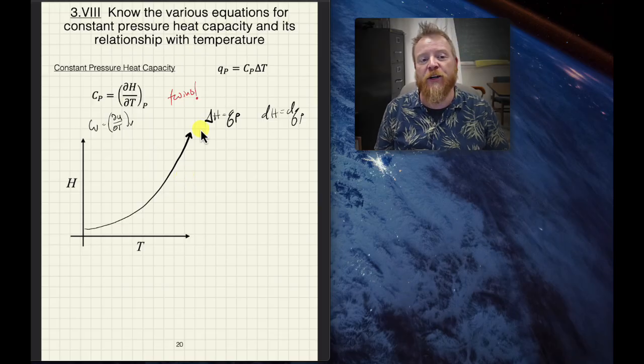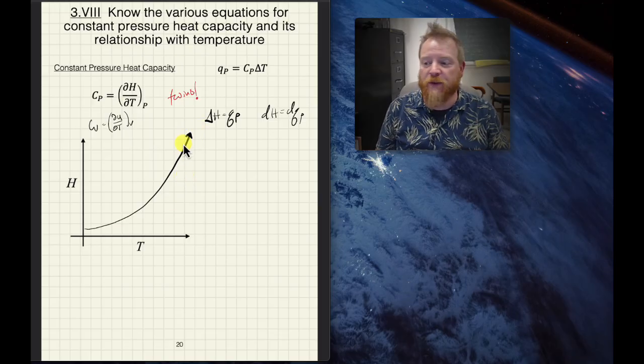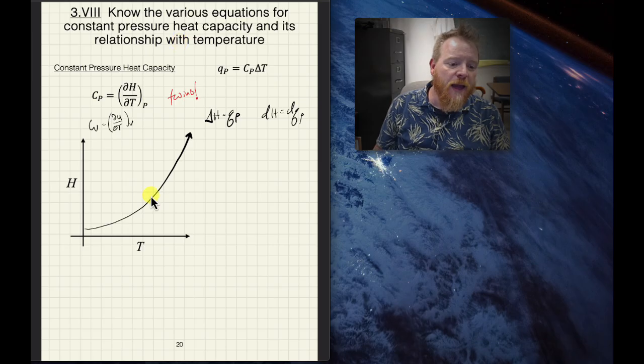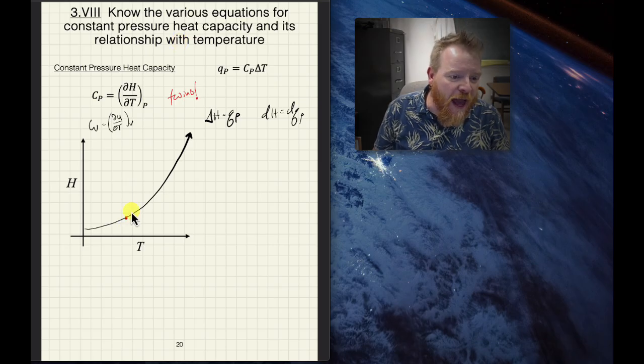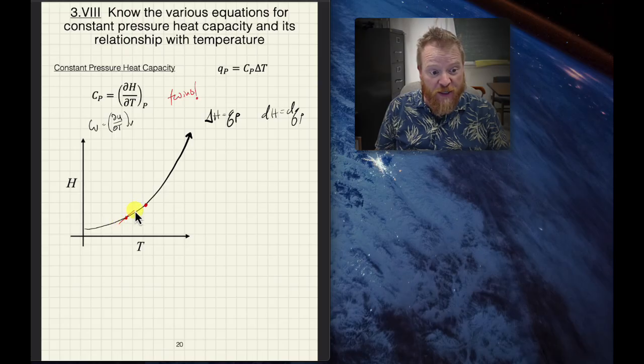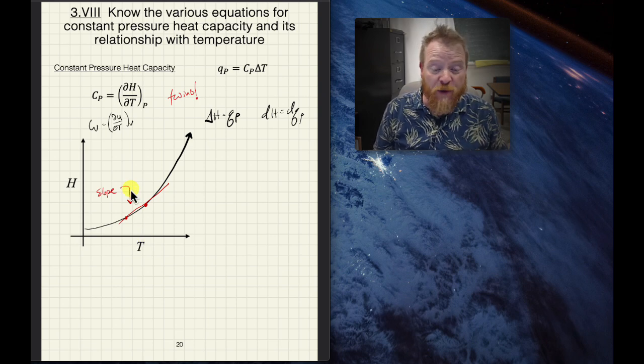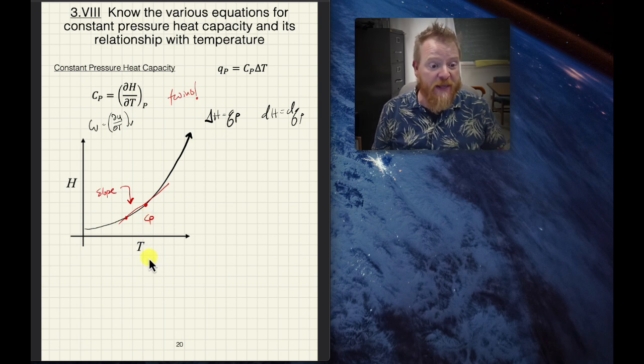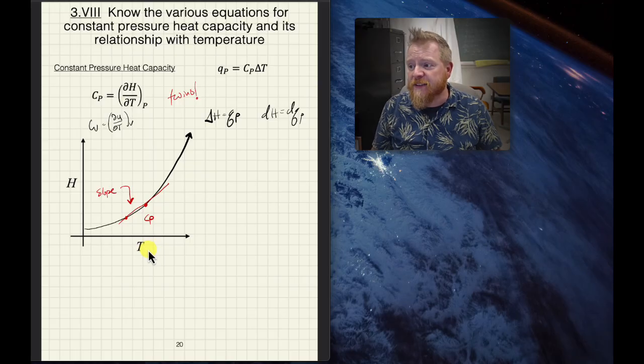Okay, so there's a general trend to increase enthalpy with increasing temperatures. And if we looked at this change over a very narrow range, then we would see the slope of that line is a good representative value for the heat capacity, CP, which will be a constant.